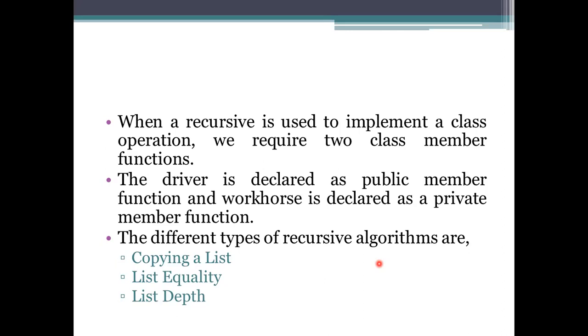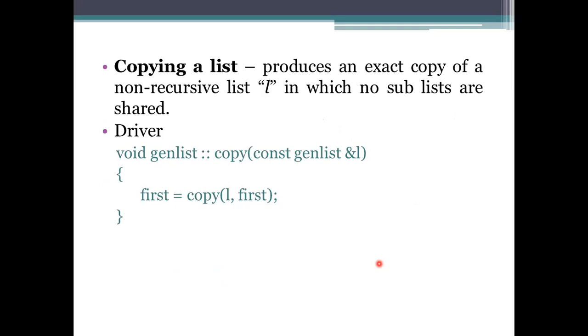What recursive algorithms can we use here: copying a list, equality, list depth. Copying a list means we make the processing of that one to be done here. So here, how we are going to provide this is, I am calling a method, generate a list. I am creating a list here. In this, I am taking this copy method, which is using a generalized list which has been created and it is being copied for this first one.